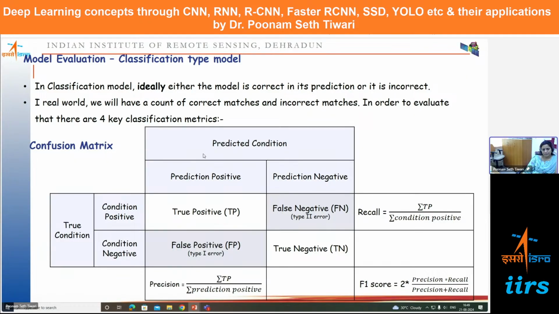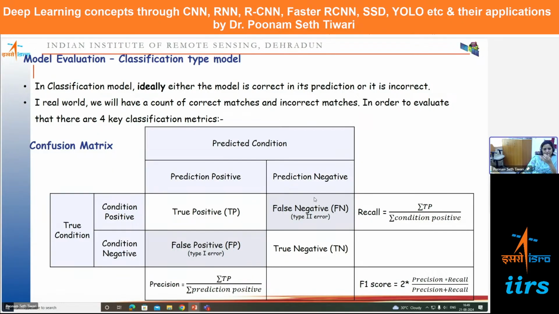We have the true condition, that means what is actually there, and the predicted condition. True positive means the model has said that the feature is there and it is correct. True negative means the model has not reported the feature, and in reality the feature was not there.